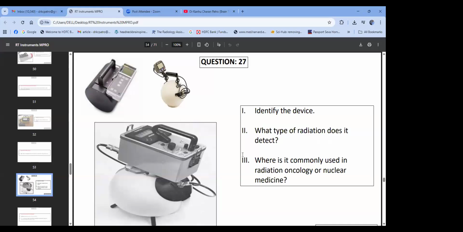It will be used in radiotherapy setups where there is neutron production, such as in proton beam therapy or in LINACs where we are using high energy, more than 10 MV. In these cases, there will be neutron production. So we will use a neutron REM counter in these settings, and also in brachytherapy with neutron emitting sources. So what are the neutron emitting sources in brachytherapy?